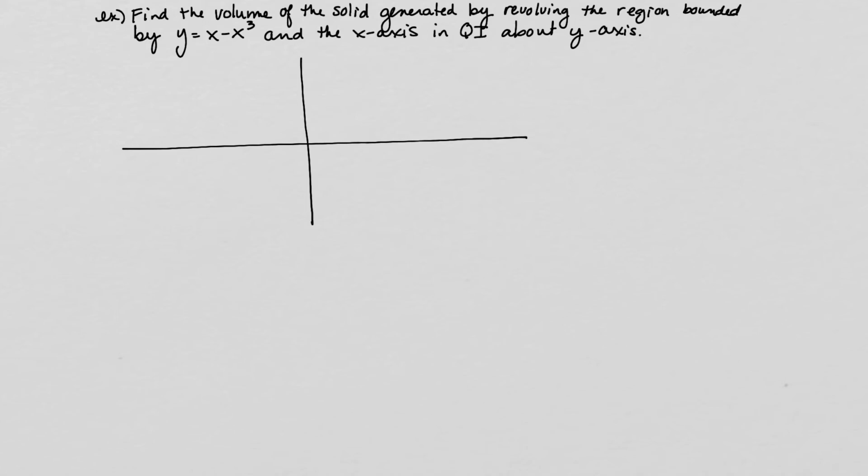You could use a graphing calculator, Desmos, or Wolfram Alpha. There are lots of internet-based graphing calculators you can use to get the picture. If you draw the part of this curve in the first quadrant, it looks something like that.